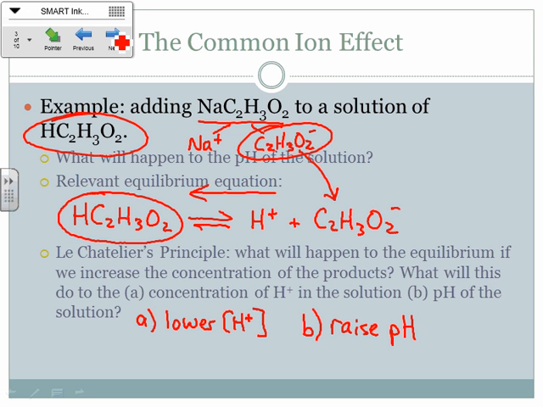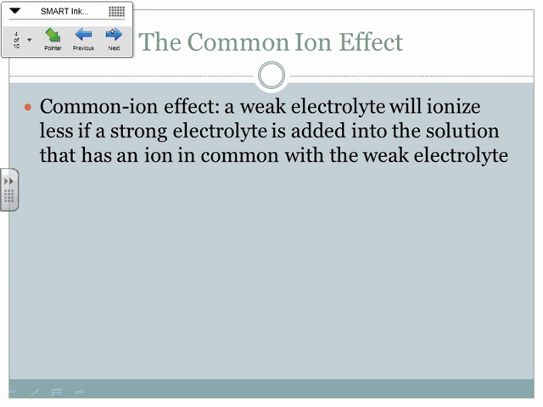But it works to think about it in terms of Le Chatelier. If we add a product, it pushes the equilibrium back towards the reactants. If we add a reactant, it pushes the equilibrium towards the products. So ultimately that's what's going to happen here: we're going to lose some of our H plus, and that's going to raise the pH. That's called the common ion effect. All right.